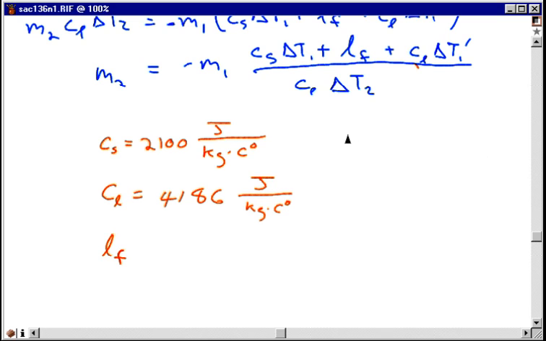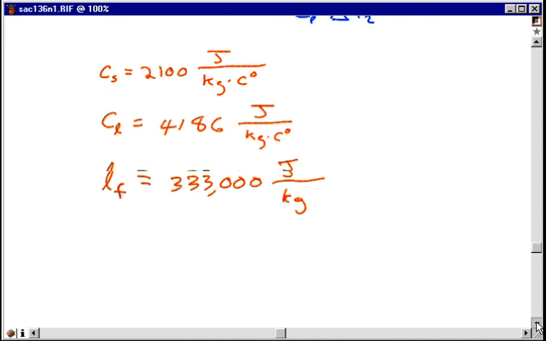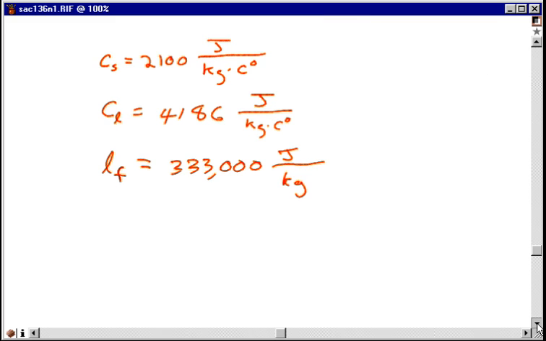The amount of heat per kilogram it takes to melt the substance. And that was given as 333,000 joules per kilogram. Just joules per kilogram, no Celsius degree in the denominator for this one, because we're talking about latent heat of fusion or latent heat of melting as opposed to specific heat.